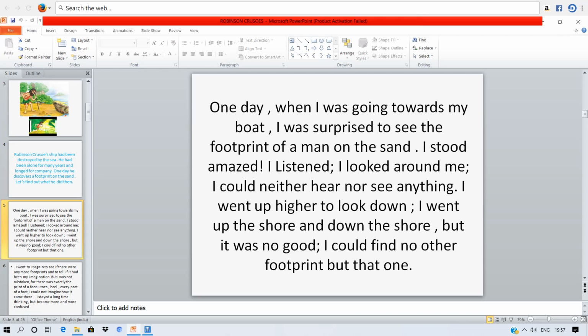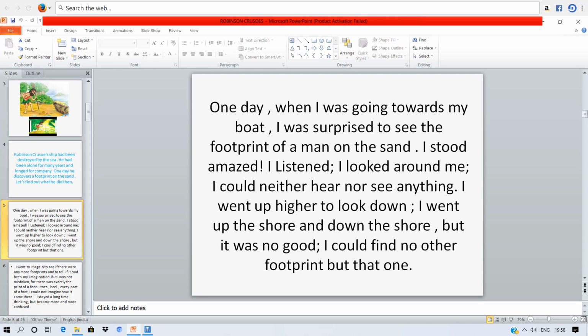I listened. I looked around me. I could neither hear nor see anything. I went up higher to look down. I went up the shore and down the shore. But it was no good. I could find no other footprint but that one.